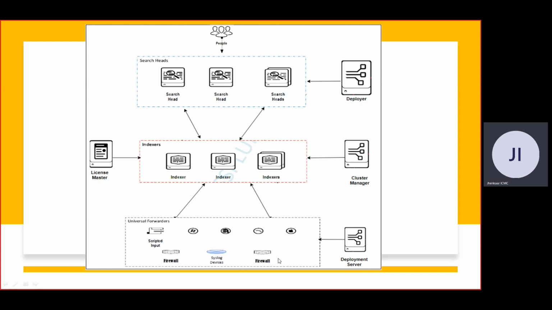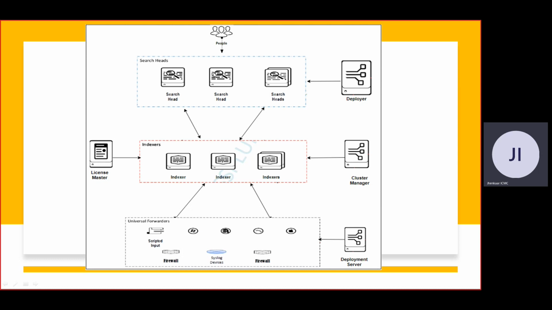Sometimes, if not, we can read the data from different applications with the help of HEC or syslog. Just to make it simple, let's consider that on all these devices I'll have to individually configure universal forwarders. And with the help of these universal forwarders, Splunk knows how to get the data from here.